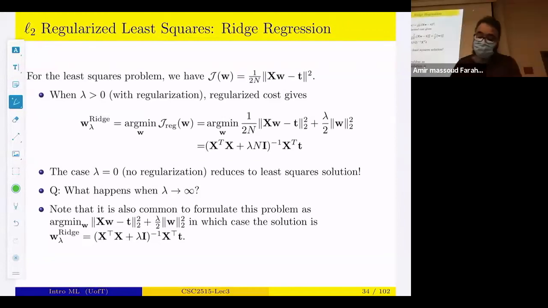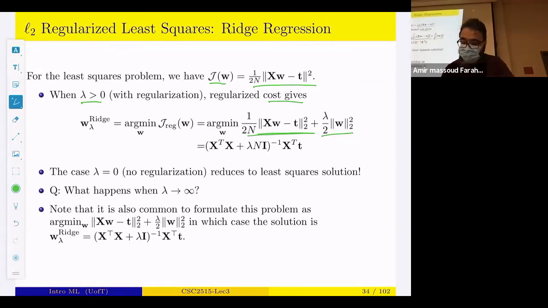Okay, so for the least square problem, we had this J as before. It would be the L2 norm of XW minus T. And then if we have a regularizer, the regularized cost would be this term. This is the fit error, so this is the cost. And this is the term from the regularizer, L2 norm squared of W's multiplied by lambda.